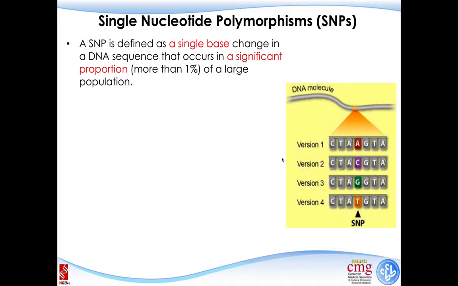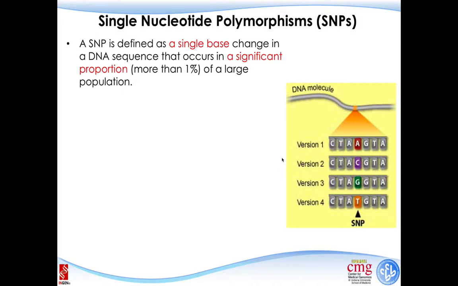Okay, so the reason that I want to mention this is, people know what SNPs are, but sometimes we ignore one important concept here: if you only have one nucleotide difference, and if that variant is only you have it, that is not considered as a SNP.